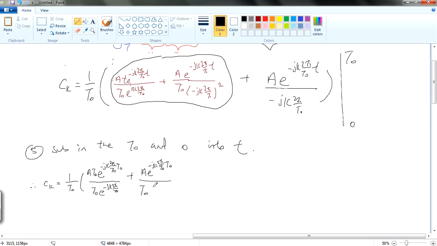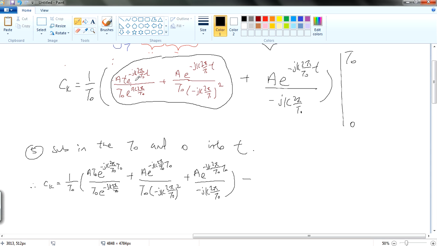Anyway, so this is t naught, this jk. You can just skip this portion, I'm just writing. So I successfully sub in all the t naught, and then now we minus away all the zeros.